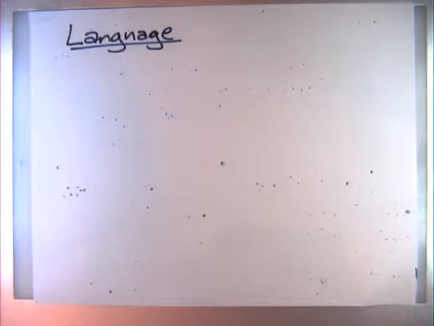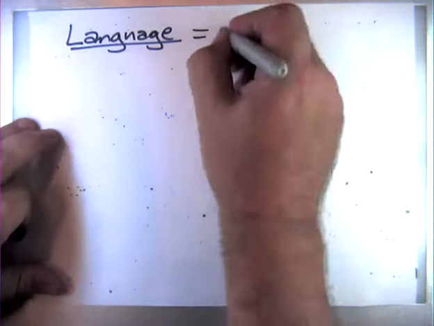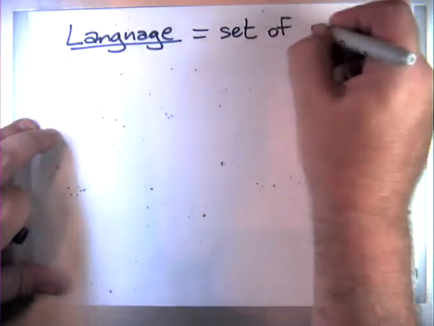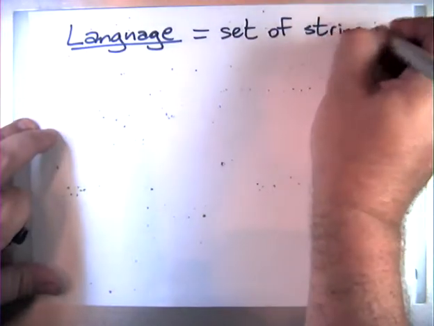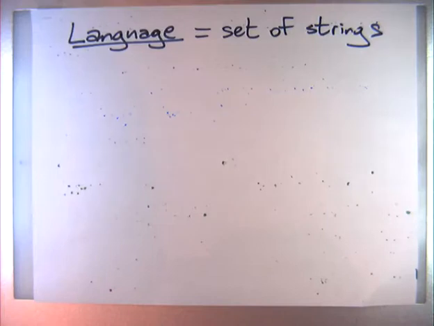But this will be relatively simple. It's just a definition, and a bit of notation, but I want to make sure that we're all on the same page. A language is a set of strings. Okay?